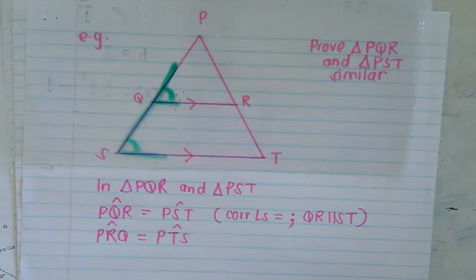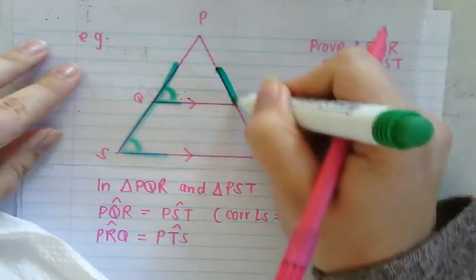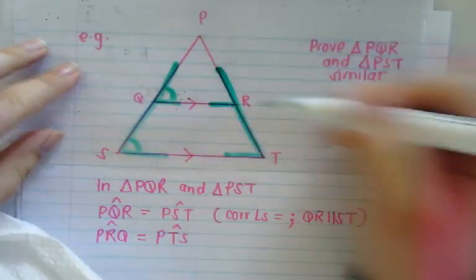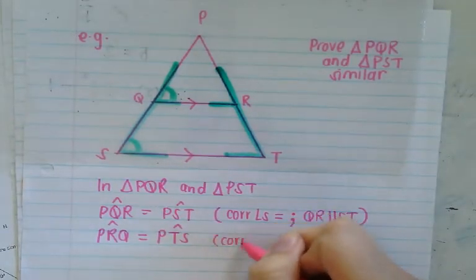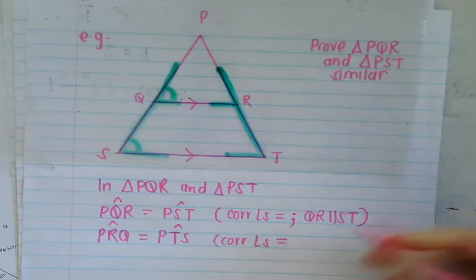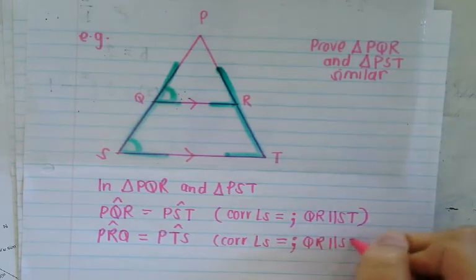What did you see when you saw it? You saw F, right? A back to front F. So what is my F? Corresponding. Don't doubt yourself. And my parallel lines are still QR and ST.